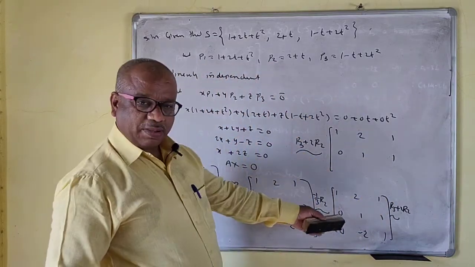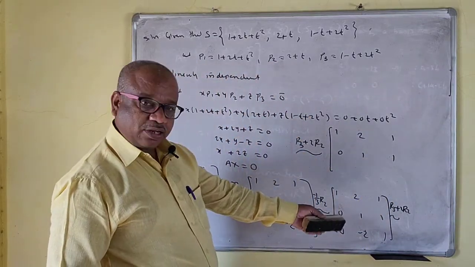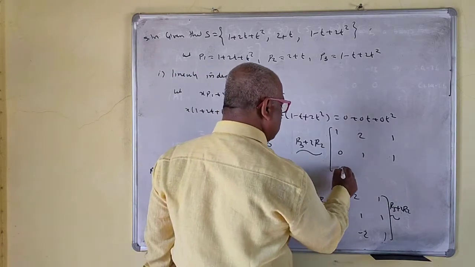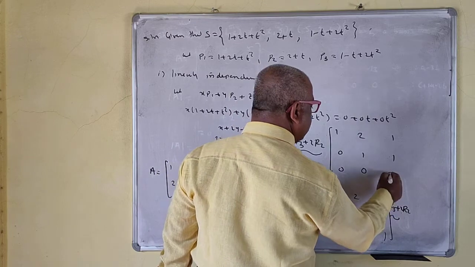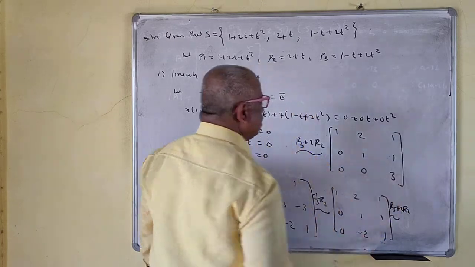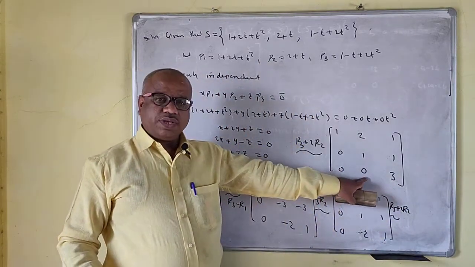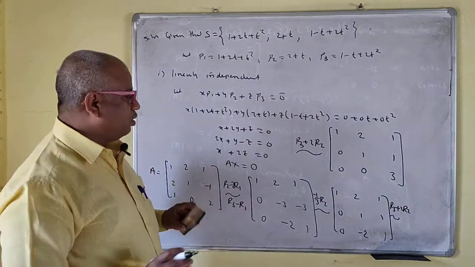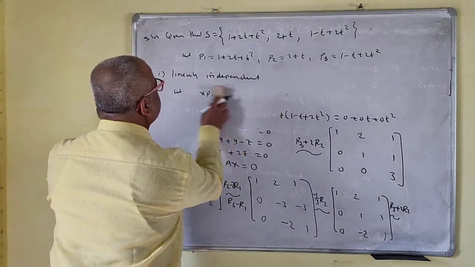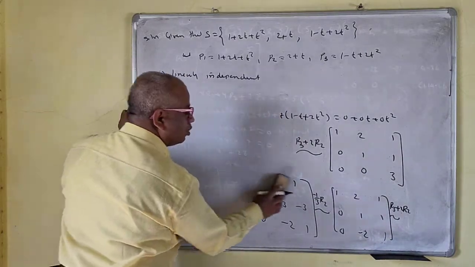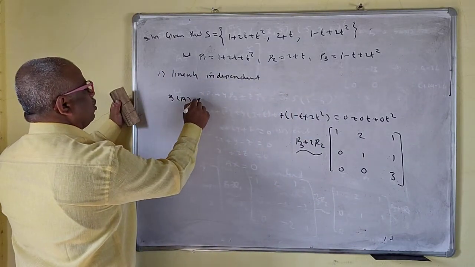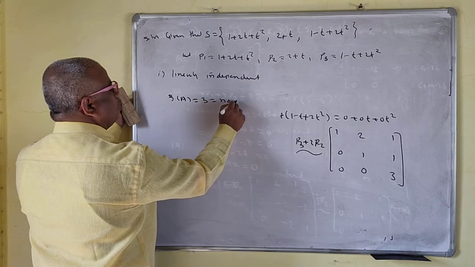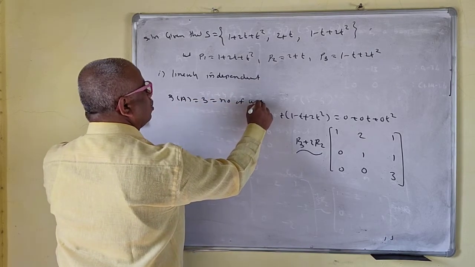Then multiply by 2 and add: this is 0, 2 plus minus 2 is 0, 2 plus 1 is 3. So now see, 1 0 here, 2 0 here, so this is the equivalent echelon form. So rank of A is equal to 3, which is equal to the number of unknowns.